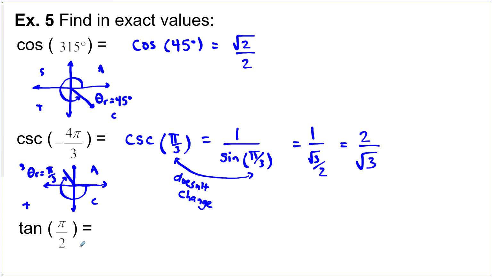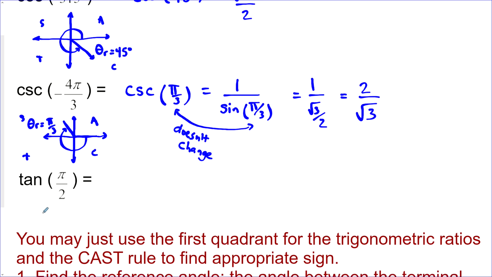And last one on this page, tan pi over 2. Now tan of pi over 2, tan is actually just sine pi over 2 over cos pi over 2. And pi over 2 is 90 degrees. It's right here.